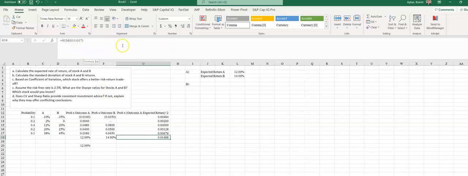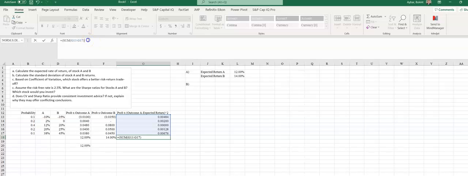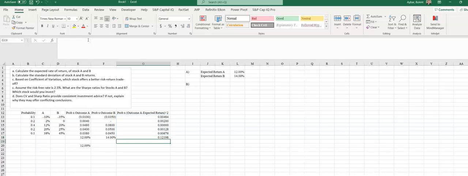In order to calculate the standard deviation, I need to take the square root of this. I can do this in two different ways. I can either use the square root function or just simply take the square root of this outcome in here. So if I want to do that, I will just simply open up a parenthesis and say power 1/2, that is equivalent to the square root, and that is going to give me 12.20% as standard deviation.